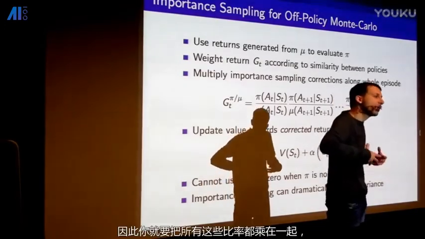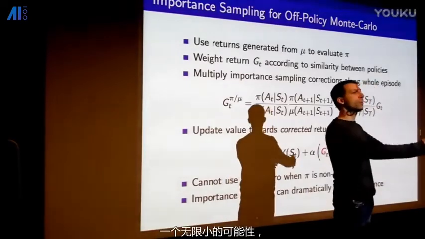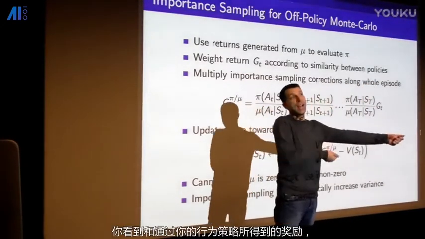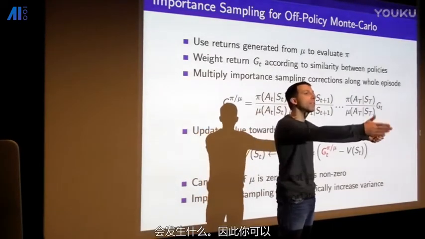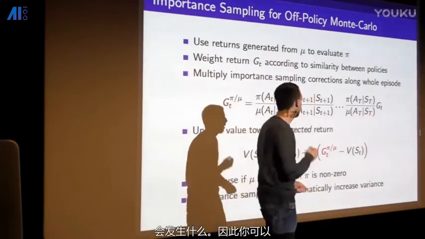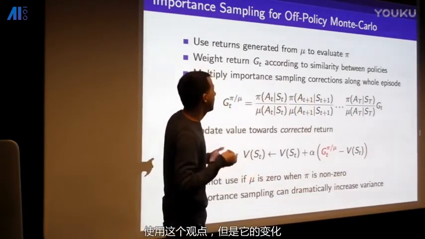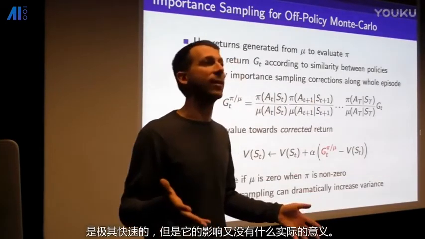And so you have to multiply these ratios together, and in general it becomes a vanishingly small probability that the return that you saw under your behavior policy actually gives you any information at all about what would have happened if you followed some completely different behavior. So you can use this idea, but it's extremely high variance, and in practice it's just useless.